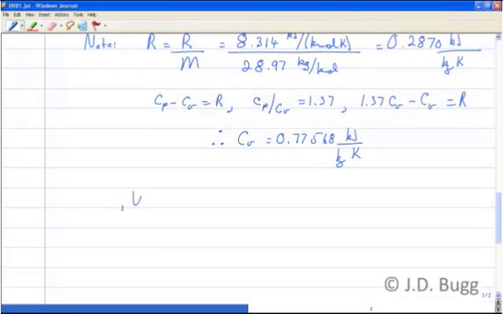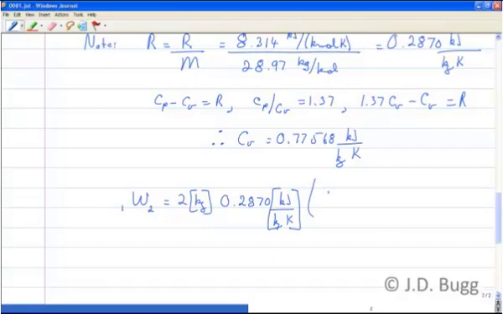Now we can go back to our work calculation from 1 to 2. So we know the mass, 2 kilograms. We now have our gas constant, 0.2870 kilojoules per kilogram Kelvin. And we have our temperature change, T2, 800 Kelvin, T1, 650.